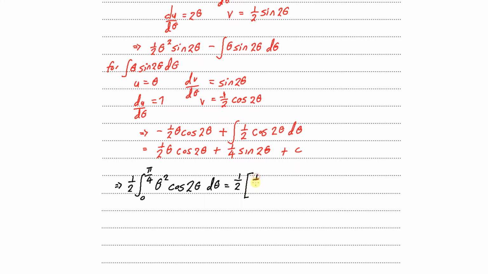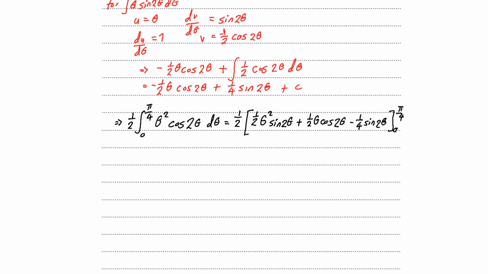So that's half of theta squared sine 2 theta, and that's going to be minus the integral of theta sine 2 theta d theta, which we have obtained by parts. I left out a minus, so there has to be a minus here, so we are subtracting. If we subtract here, we get plus half of theta cos 2 theta, and subtract here, that's minus a quarter sine 2 theta, and we close, and the limits are from 0 to pi over 4.